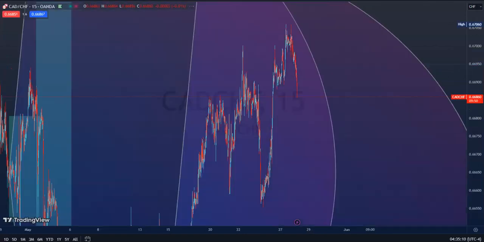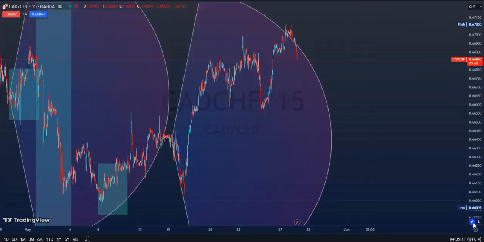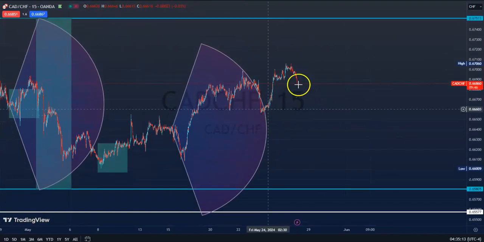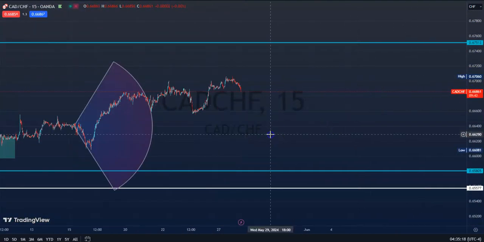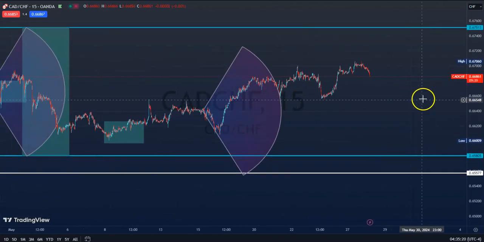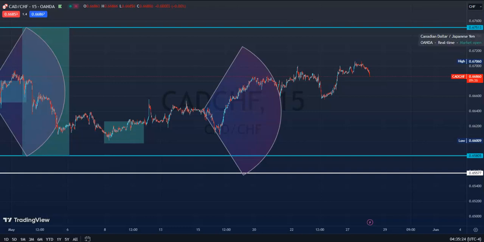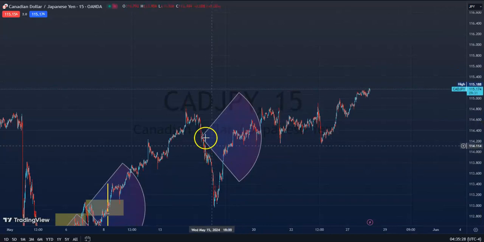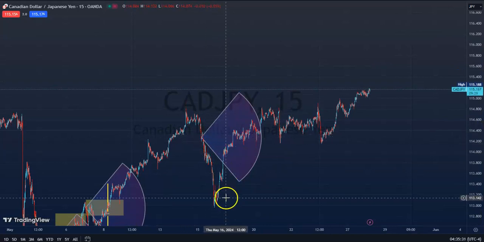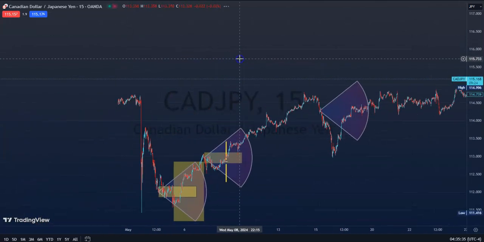So, there's a strategy for that. You guys can see this, and there's a strategy for this stuff. There are other ways to play this. I am aware of that. Look at this one. Straight to it, man. Yeah, CAD JPY does that. I used to use that a lot.